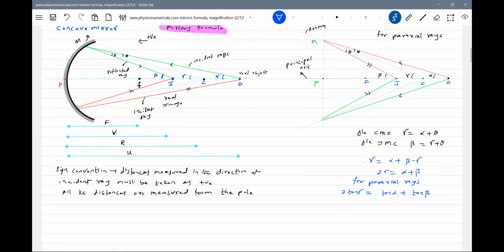Okay, from the triangle, what is tan gamma? Look at this triangle. It should be PM by PC. Similarly, tan alpha, look at the triangle OPM. Or I'll write it for your convenience.